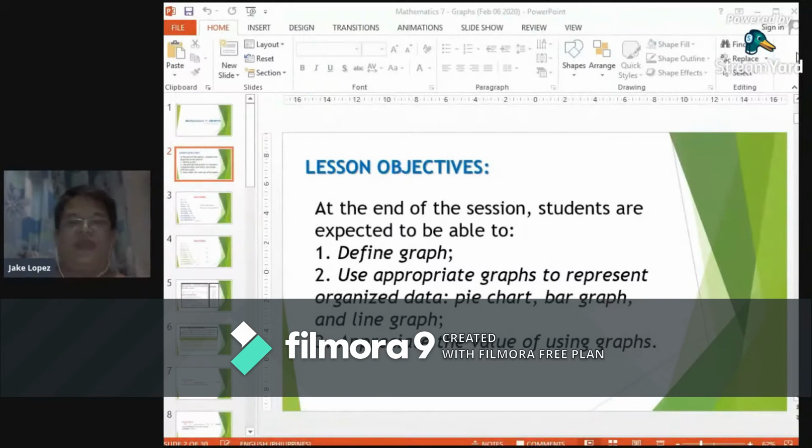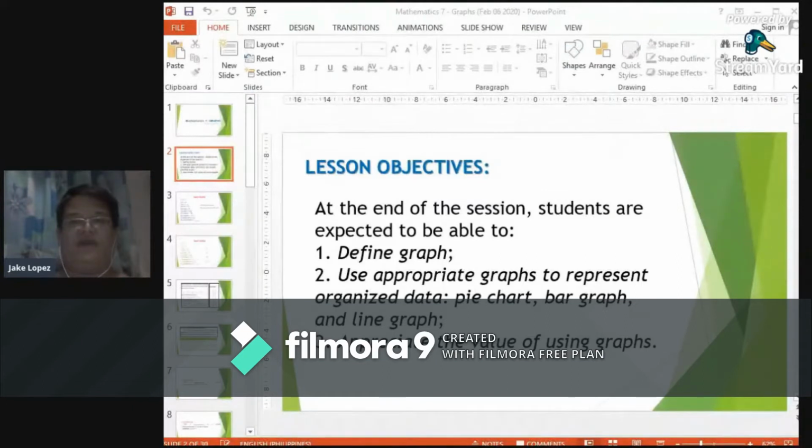At the end of our lesson, you're expected to first define graph. Second, use appropriate graphs to represent organized data via pie chart, bar chart, and line graph. And of course, the third is to appreciate the value of using graphs.